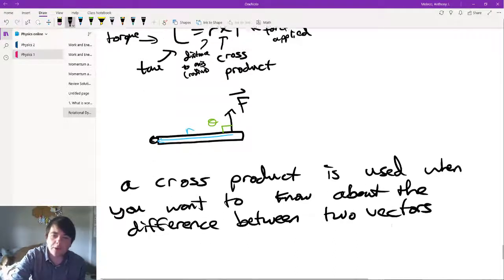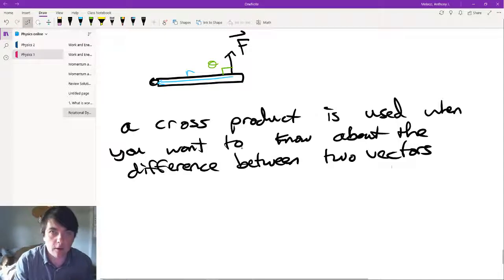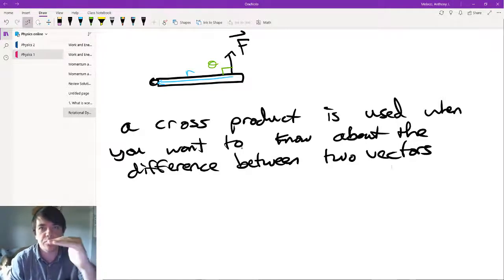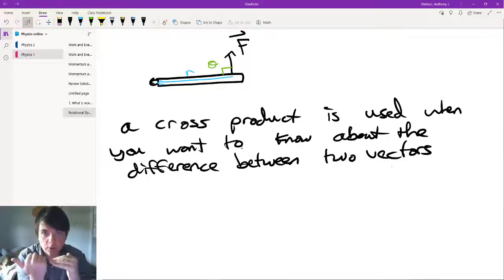Remember, a dot product was when we wanted to know how similar they are, right? If we were pushing on a box and we were pushing to the right and the box was moving to the right, those vectors weren't different at all, and so the work applied was maximum. But if we have them be 90 degrees apart and the force you were applying was perpendicular to the displacement, then no work was done at all.